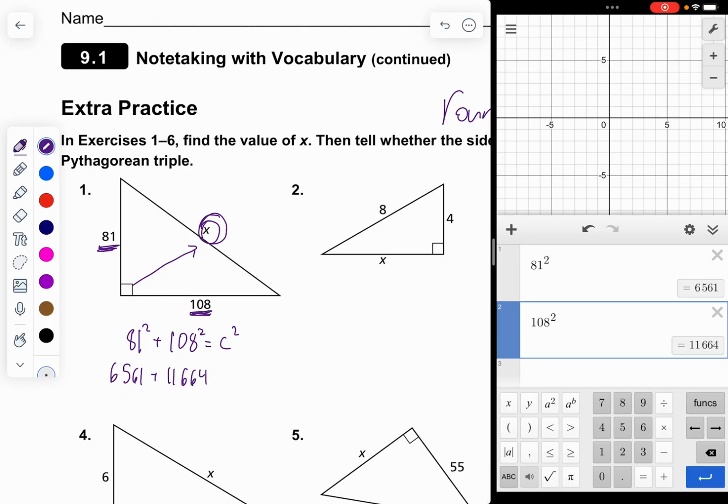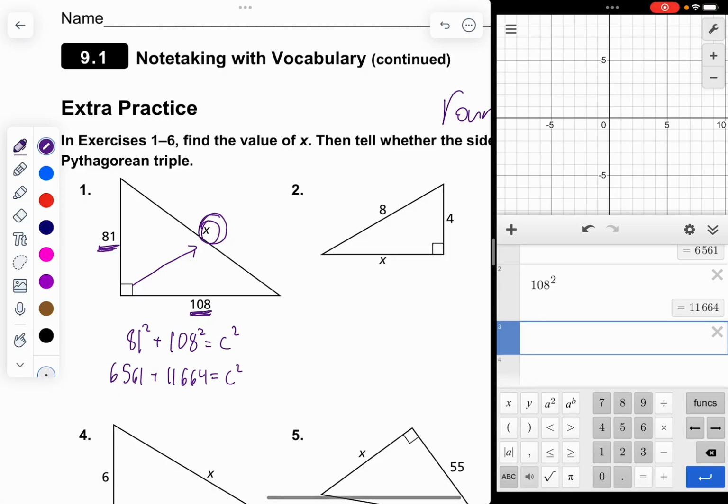Whenever you're squaring numbers, you're going to wind up dealing with some pretty big numbers. So when you're dealing with numbers that are going into the hundreds and the thousands and the tens of thousands, be very, very careful. If you copy in your numbers wrong, you're going to go wrong with your answer. So be very, very careful when you're dealing with some big numbers here.